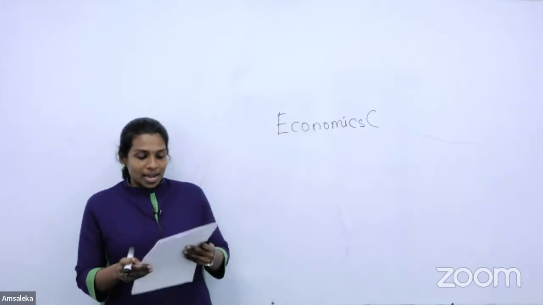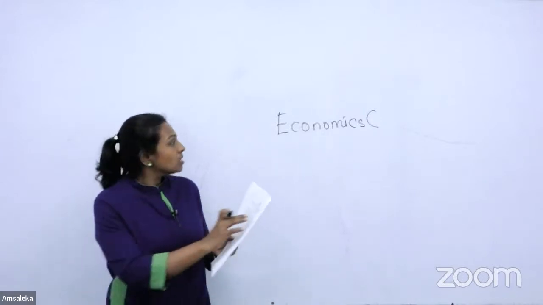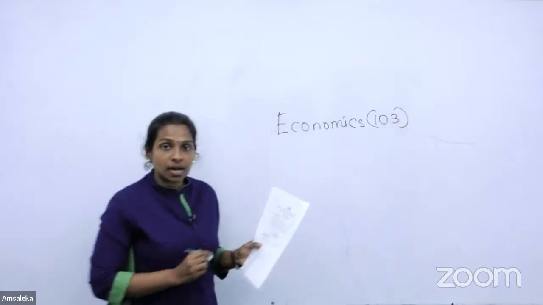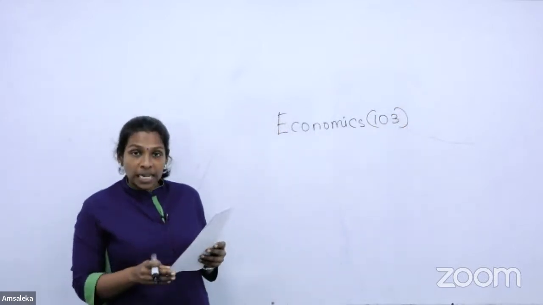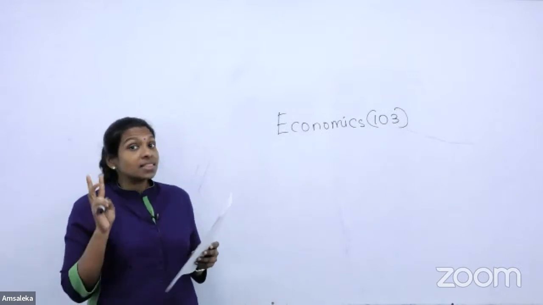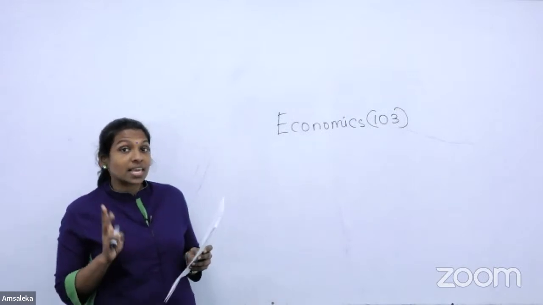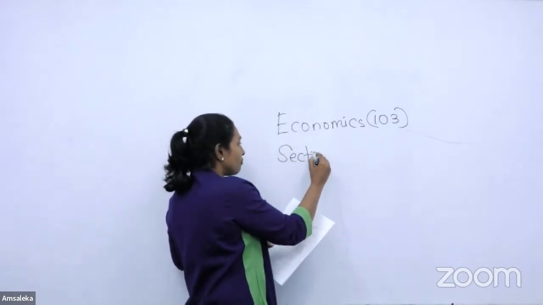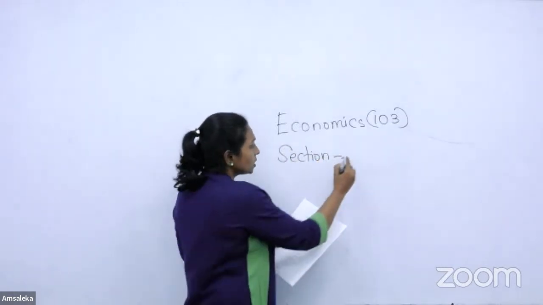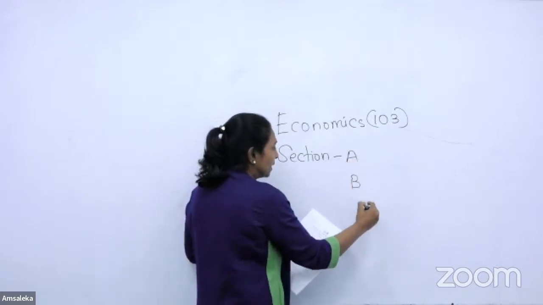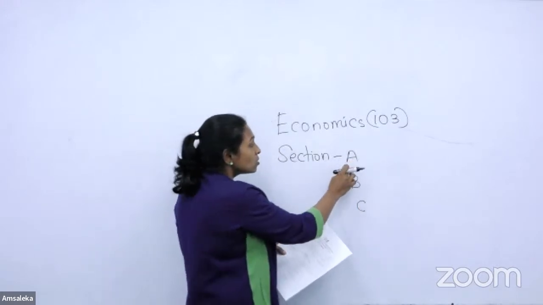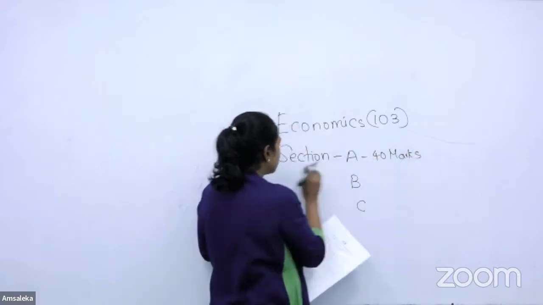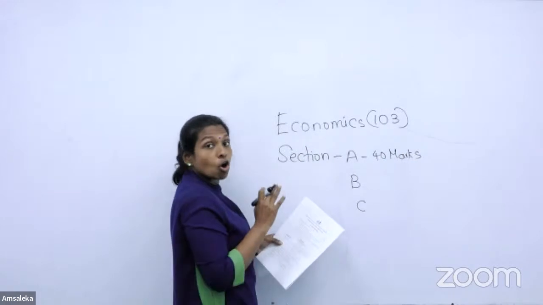Now, the code is given as Economics 103. Here you can see there are 3 sections: A, B and C. Section A is for 40 marks.